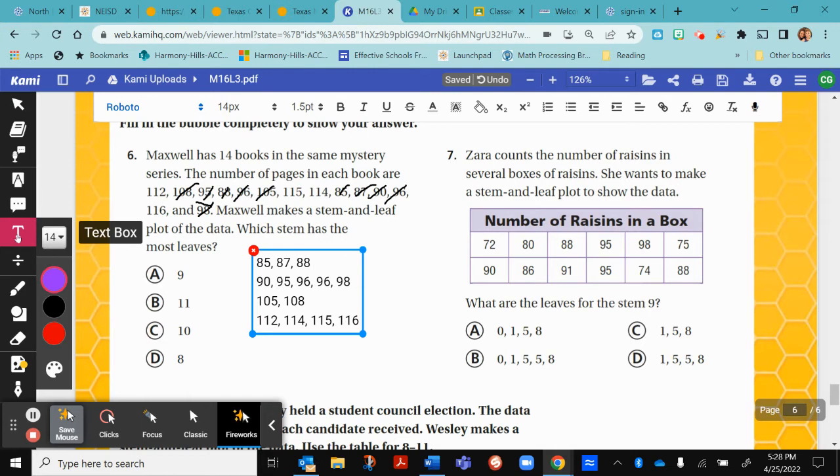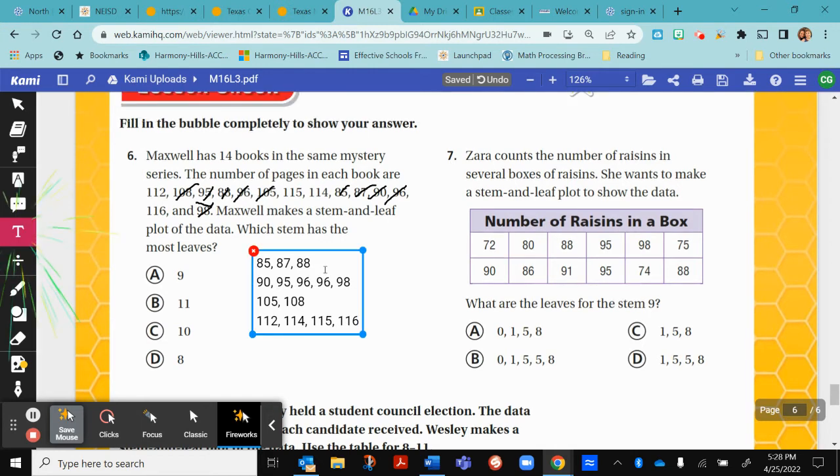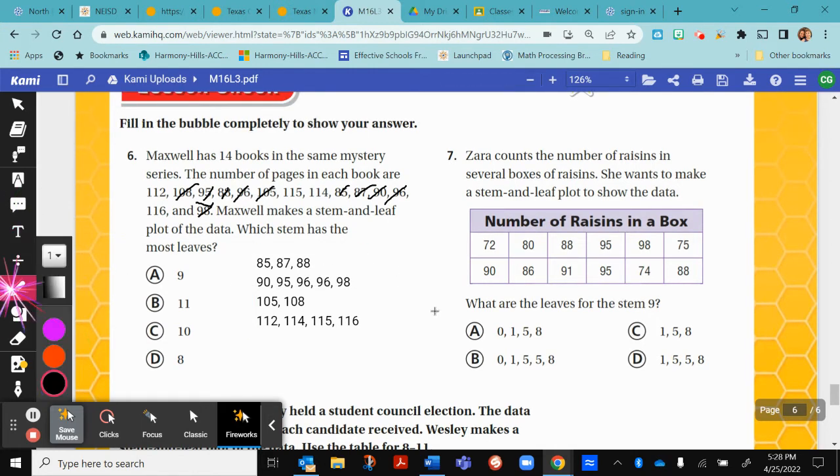So if I'm going to make the stem and leaf, you can make your stem and leaf. This is going to be the stem. And this is the leaf or leaves.